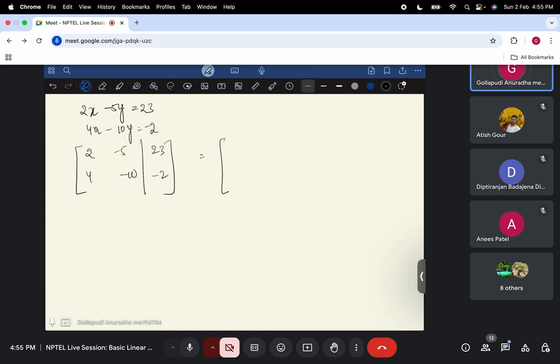Of course you can get it if you do row 2 goes to row 2 minus R1 into 2, then you will get 0.